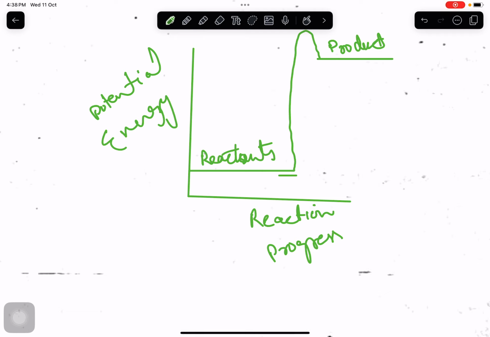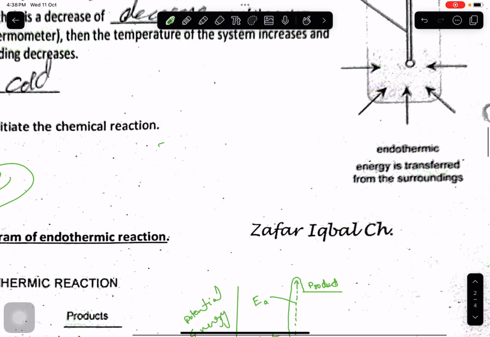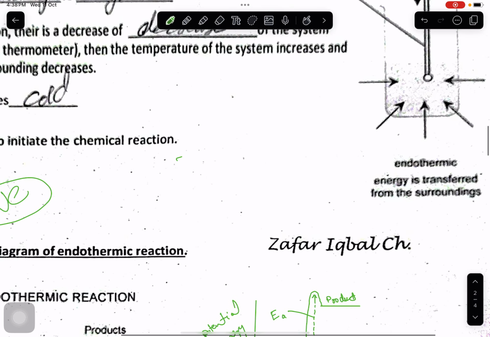So if you notice, this is the activation energy. Just notice that in an exothermic reaction we have just a little amount of activation energy, but in an endothermic reaction we have a huge amount of activation energy.